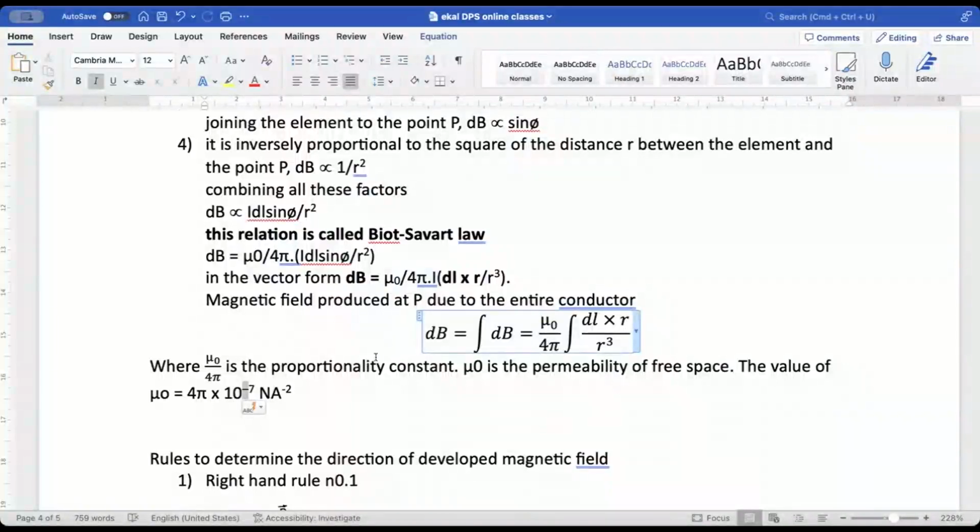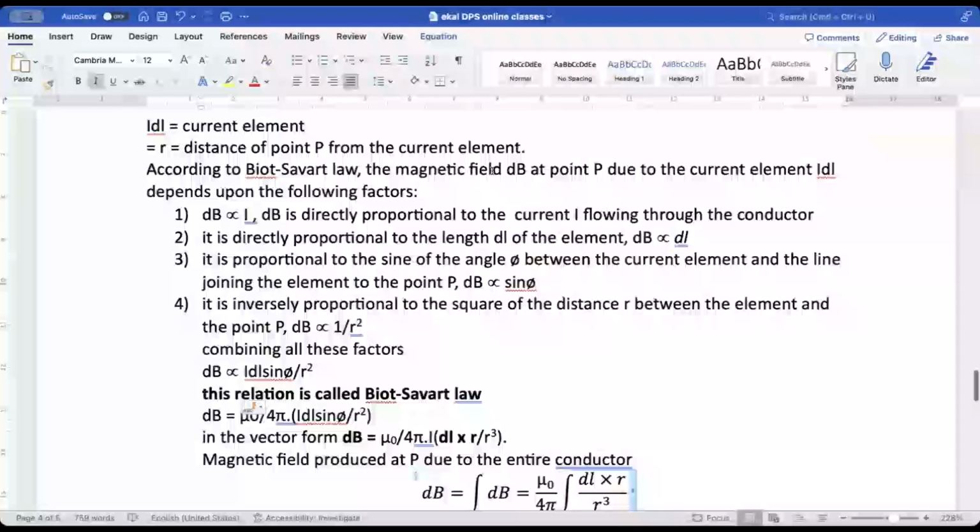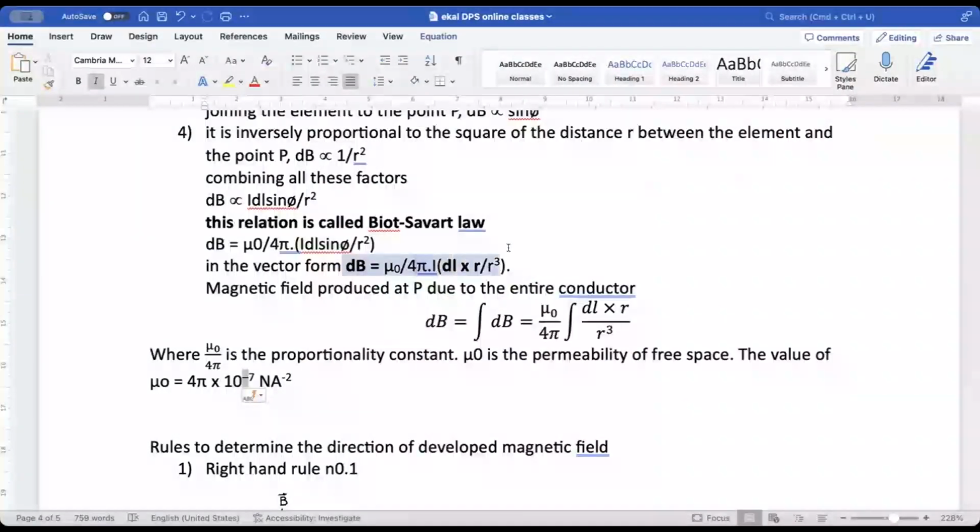This is the formula to find the magnetic field at point P due to the current element. Now we need to find the magnetic field of the whole conductor over its whole length, which can be found by integrating this. So this is mu naught by 4 pi integrating all this. This is the relation we'll be using in the numericals also to find the magnetic field.